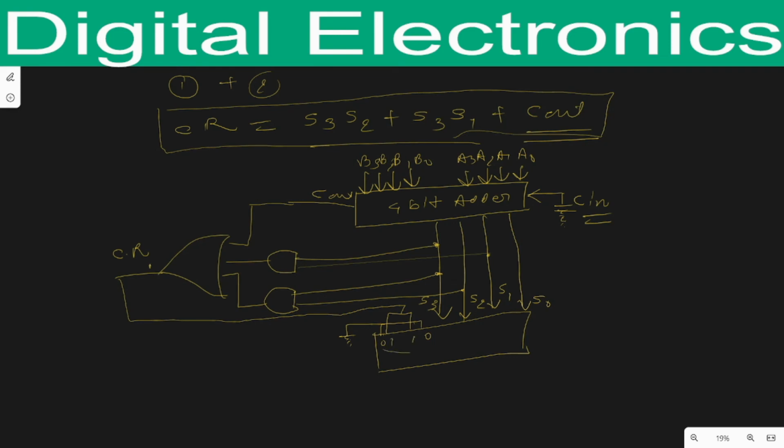Now you can see this one is the combination of 6. So when the correction required output is 1, we will get 6 here.